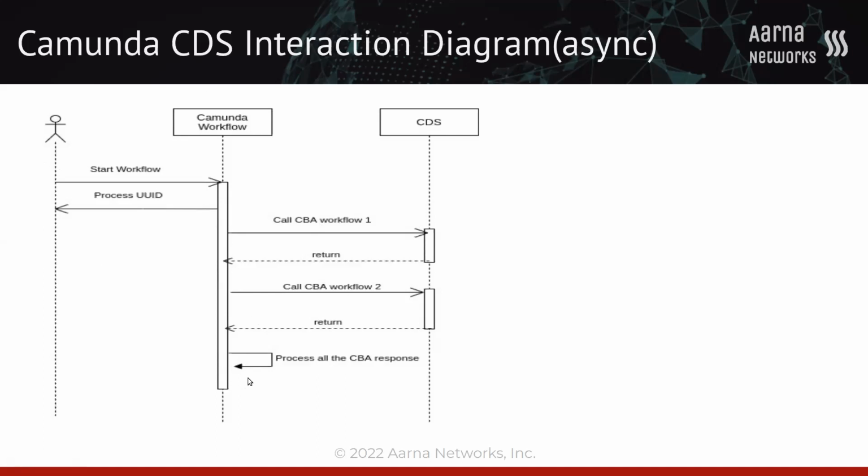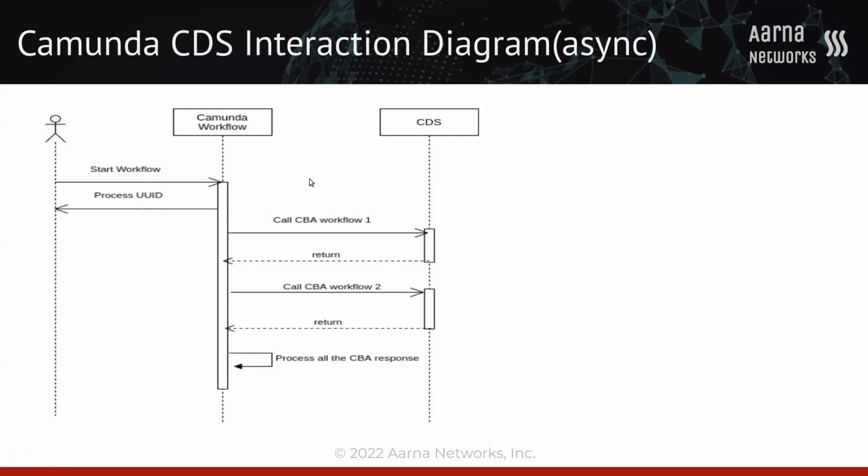Or by default, all the responses are stored in the relational database, and the user can poll using the other standard Camunda REST APIs to get the status of this workflow, whether it is still running or completed, and also the response data, with the standard REST API exposed by Camunda.